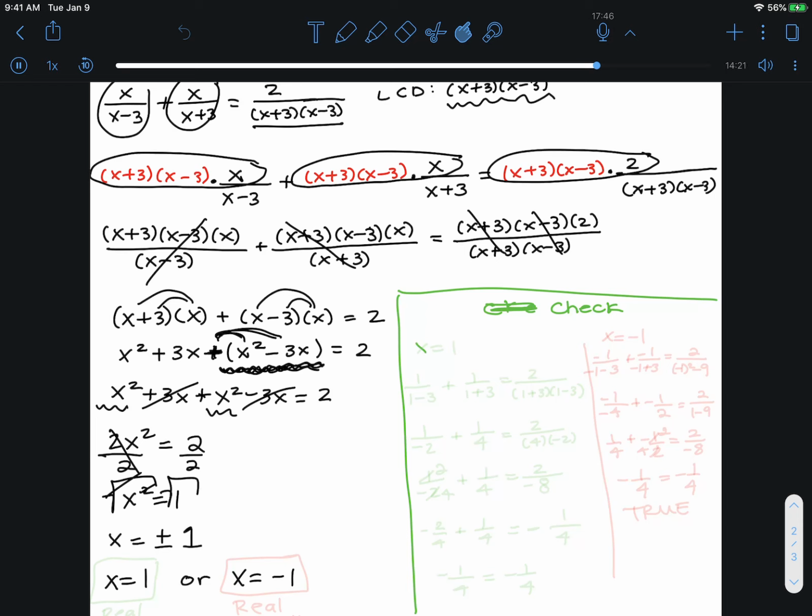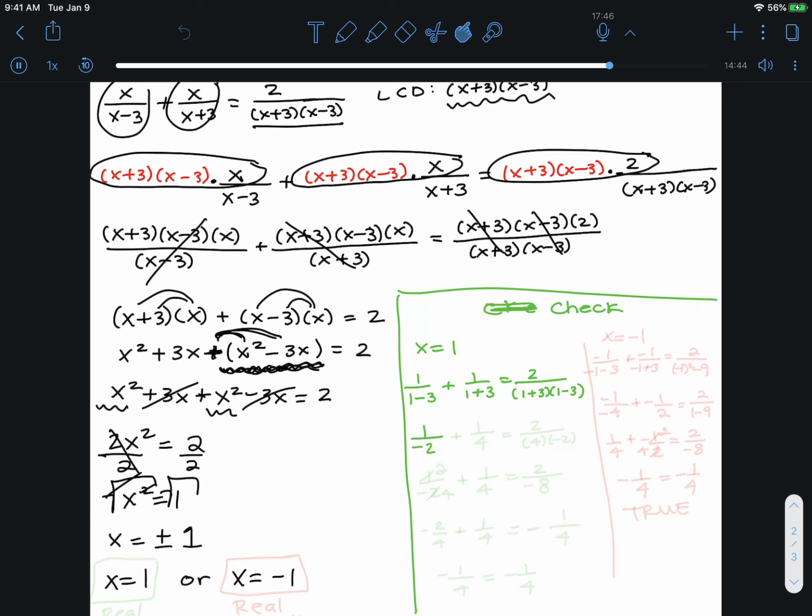Okay, so let's go ahead and do x equals 1. And we're going to plug this into our original equation. So that means I'm going to get 1 over 1 minus 3 plus 1 over 1 plus 3 equals 2 over 1 plus 3 times 1 minus 3. Okay, well, what's 1 minus 3?